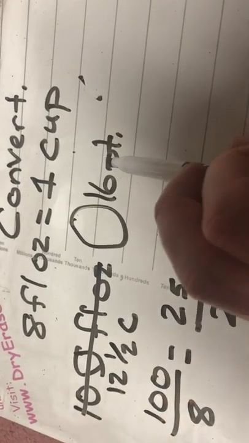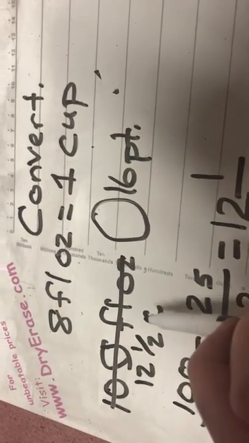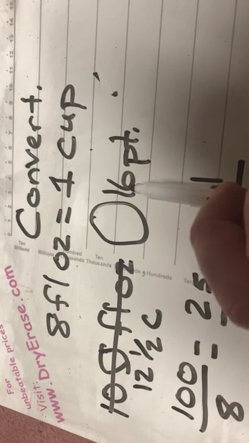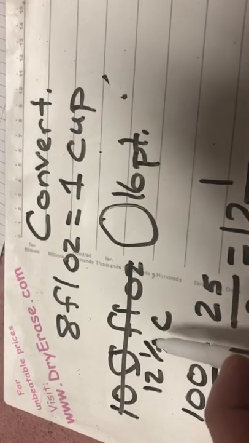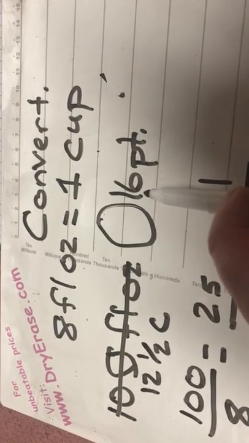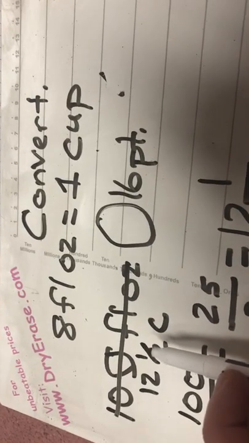So once again, going from cups to pints, 1 cup is smaller than 1 pint, because we know that it takes 2 cups to make a pint, because there's 2 C's in the P. So the measurement is getting bigger, which means the number is getting smaller, which means I need to divide. 12.5 cups.